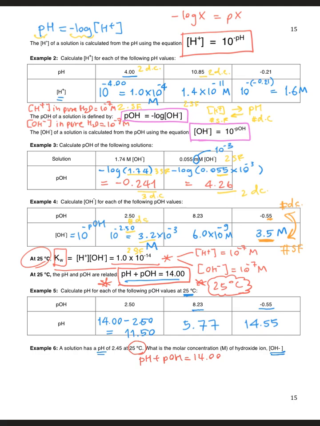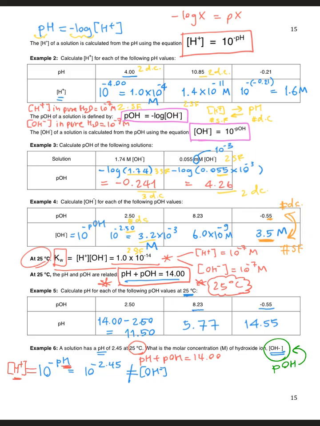Now, if you do 10 to the negative pH, which is equal to 10 to the negative 2.45, the answer will not equal the concentration of hydroxide ion, but it will equal the concentration of proton instead, because when you do 10 to the negative pH, pH and proton are related. Therefore, we need to find pOH because pOH is related directly to the concentration of hydroxide ions.